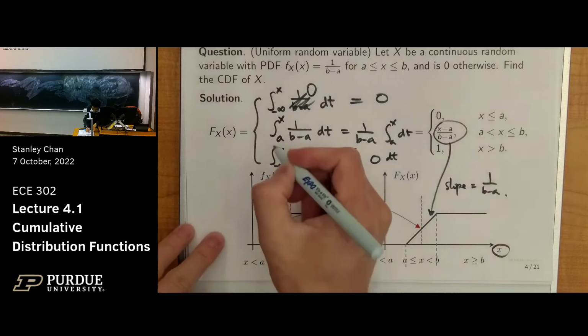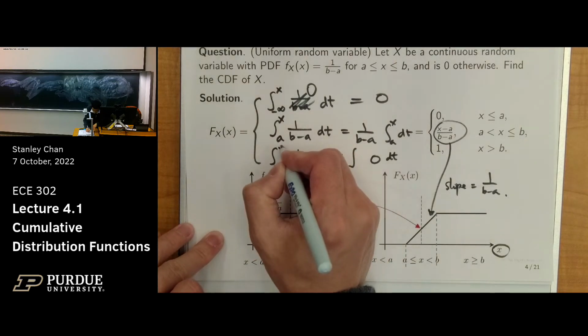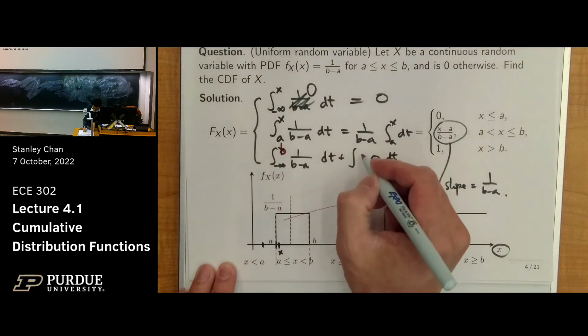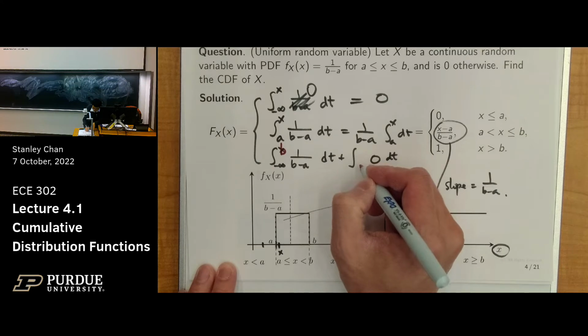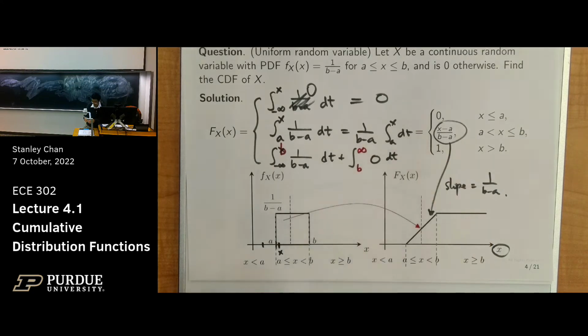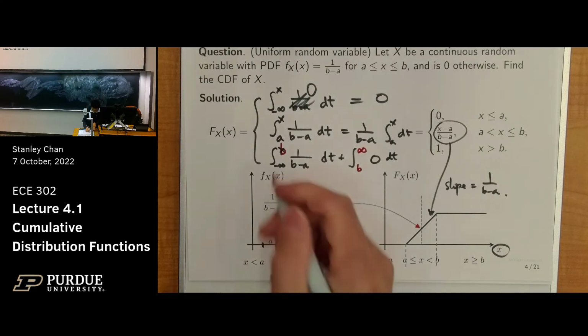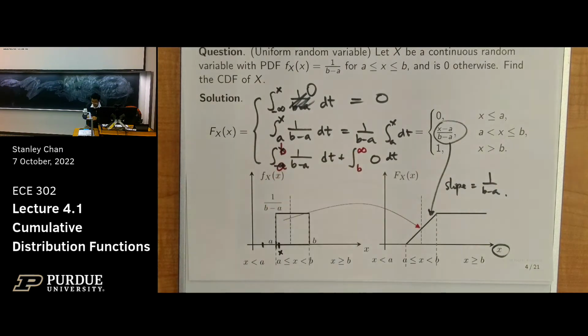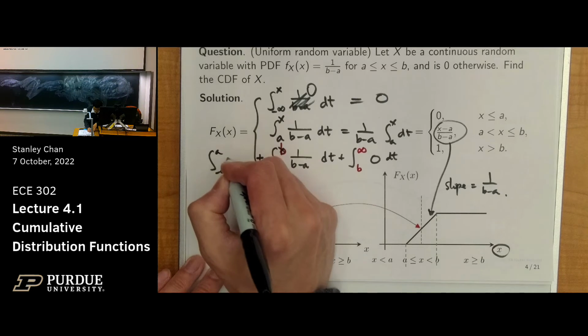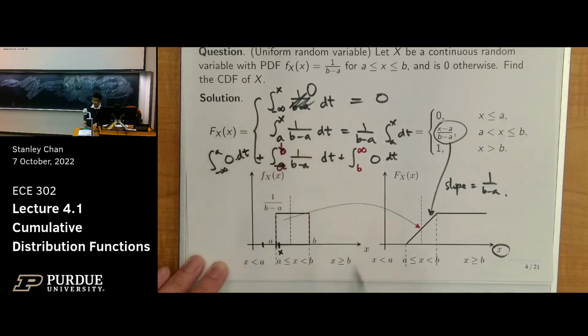The first segment is that I'm going to integrate up to B, which covers that. And then I want to integrate from B to plus infinity. Not only that, my lower limit has also to be changed from A to B, but I also need to include another case, which is from minus infinity to A of a 0, a dt.